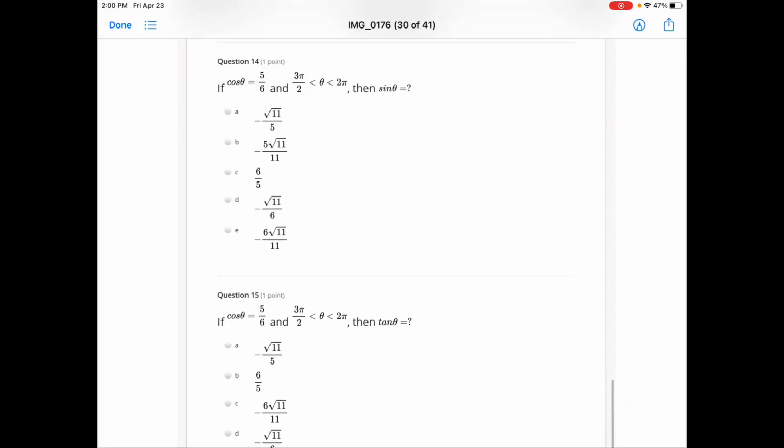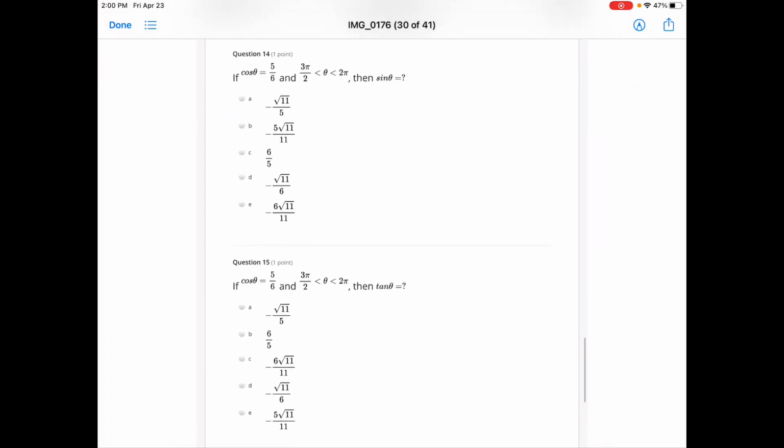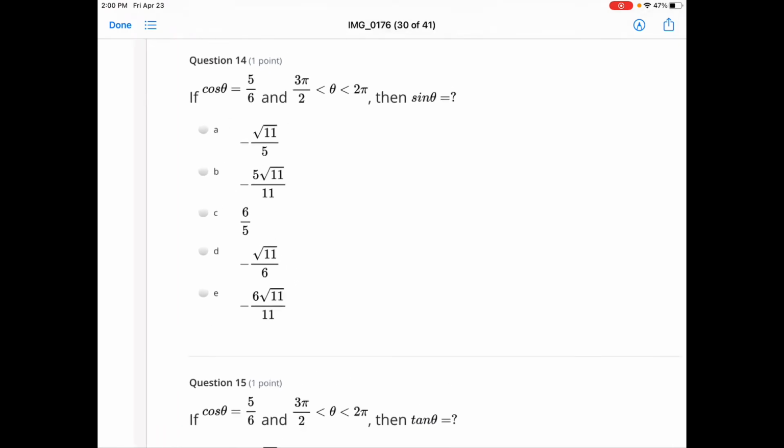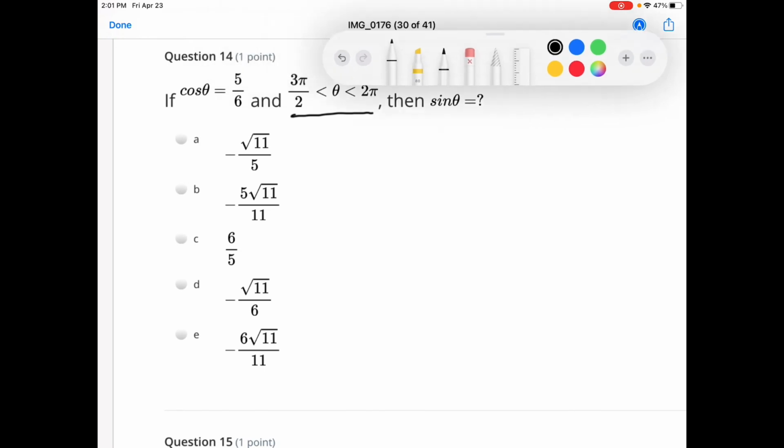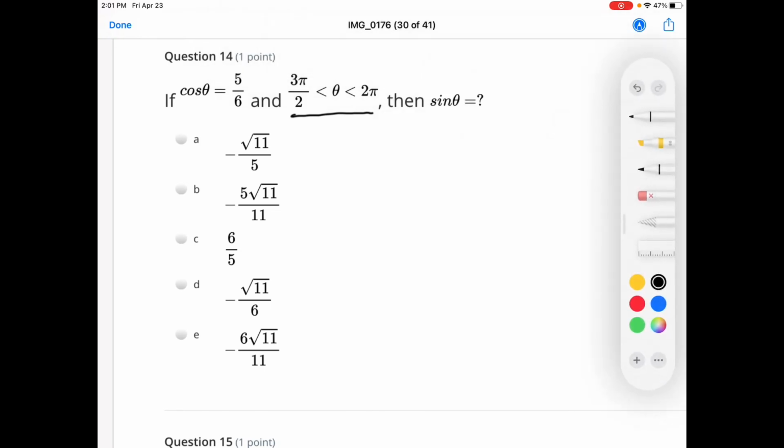All right, 14 through 18 are using this information right here. It tells us cosine is 5 over 6, and it tells us exactly where theta is. Theta is between 3 pi over 2 and 2 pi. So on your unit circle, 2 pi is here, 3 pi over 2 is here.